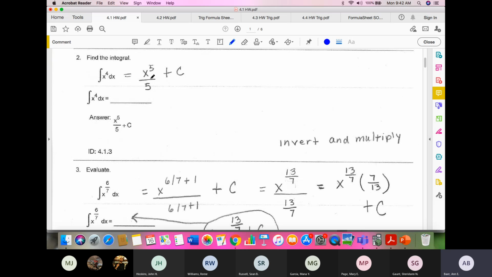But we have to compensate, because if we didn't compensate, we would be talking about this. And if we wanted to find the derivative of that, what would we get? We would get 5x to the 4th.